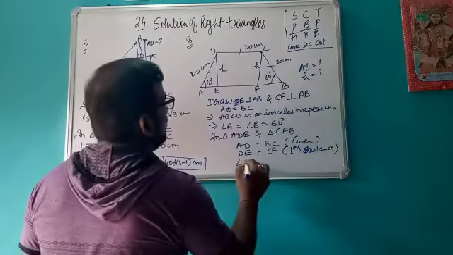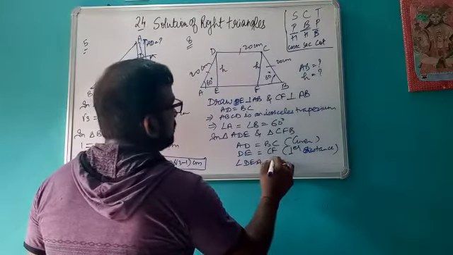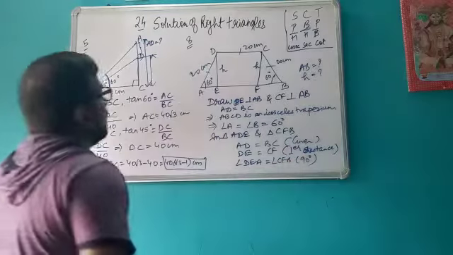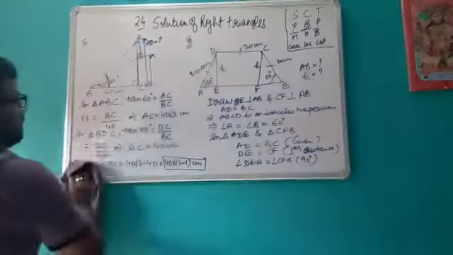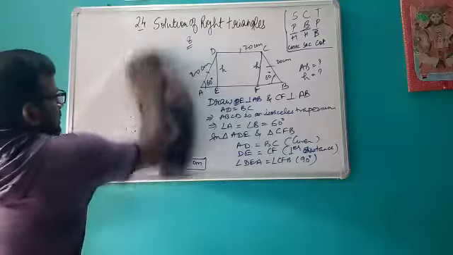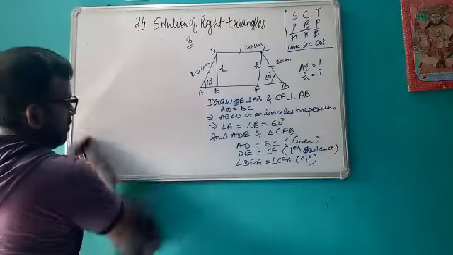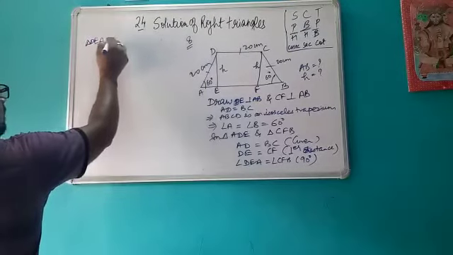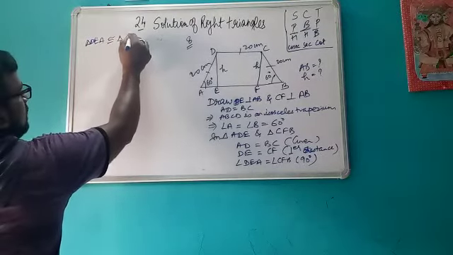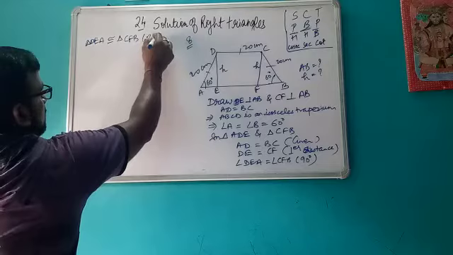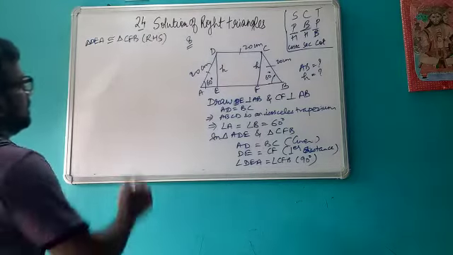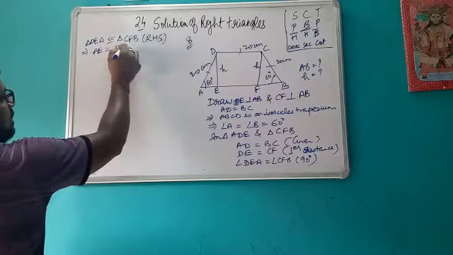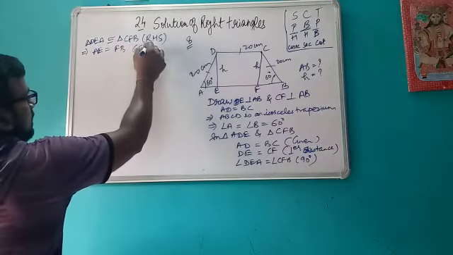Then angle DEA is equals to angle CFB because they are 90 degree. So hence we can write that triangle DEA is congruent to triangle CFB by RHS criteria. So it will give you AE is equals to FB by CPCT.